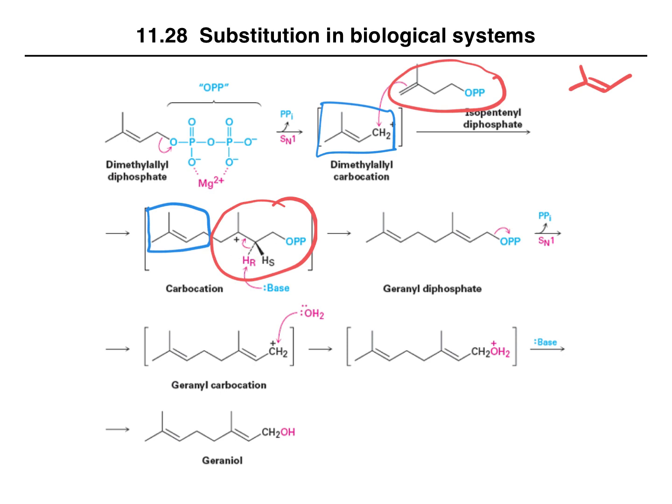An elimination reaction happens and we get another alkene, but then this starts over with another SN1 reaction. So the pyrophosphate leaves and we get another carbocation, and it's possible for another IPP, isopentenyl diphosphate, to add, and then we go from a 10 carbon to a 15 carbon to a 20 carbon. Or if water adds, we get to this protonated alcohol, and then after proton transfer, we get to this alcohol. And so this is the result of two SN1 substitutions, along with some other reactions.